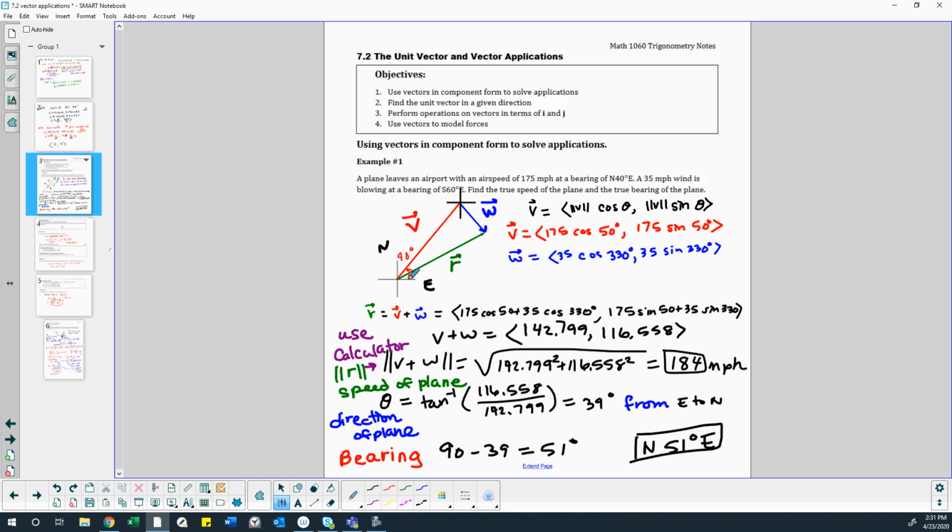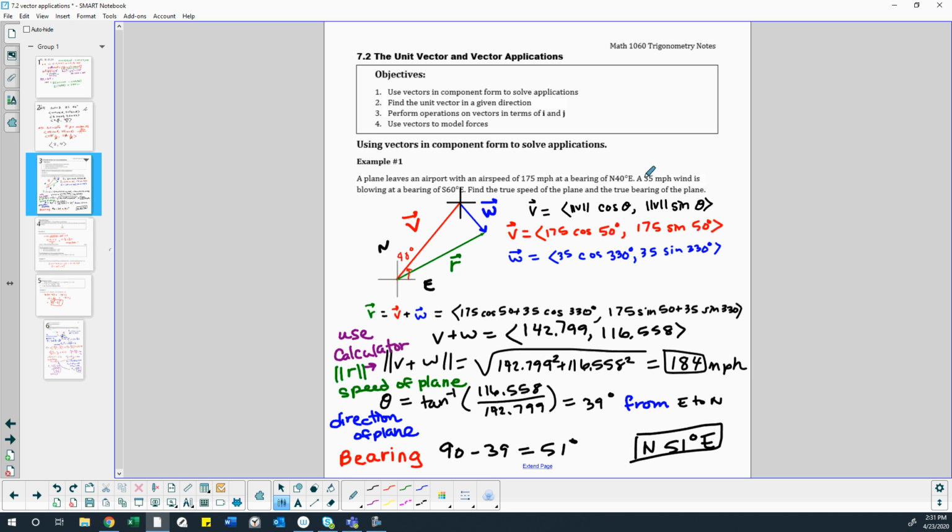So from the x-axis to the y-axis, with that angle being 40, would mean that this angle is 50. So magnitude 175, angle from the x-axis counterclockwise, like we've been doing all year, 50 degrees. Then we have 175 times the sine of 50 for the vertical component. So horizontal component, vertical component.